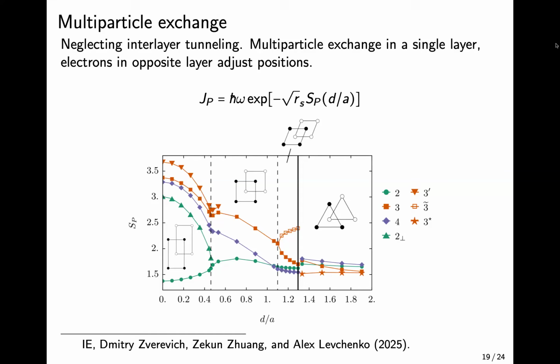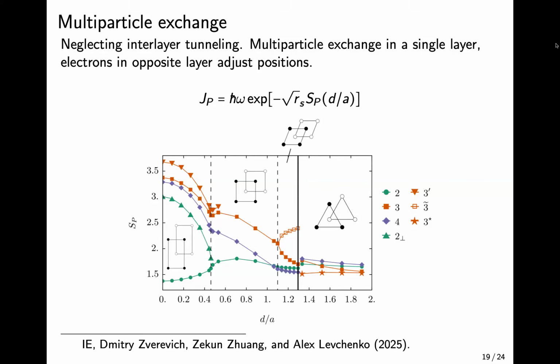When the interlayer distance is sufficiently large, the 3-particle exchange process still has the lowest action, but as you go through a first-order phase transition from this triangular lattice to what turns out to be this kind of rhombic phase, it's actually the 4-particle exchange that has the lowest action. And as you decrease the interlayer separation yet further, it's the 2-particle exchange that is most favored, and that continues all the way down until the interlayer separation goes to 0.